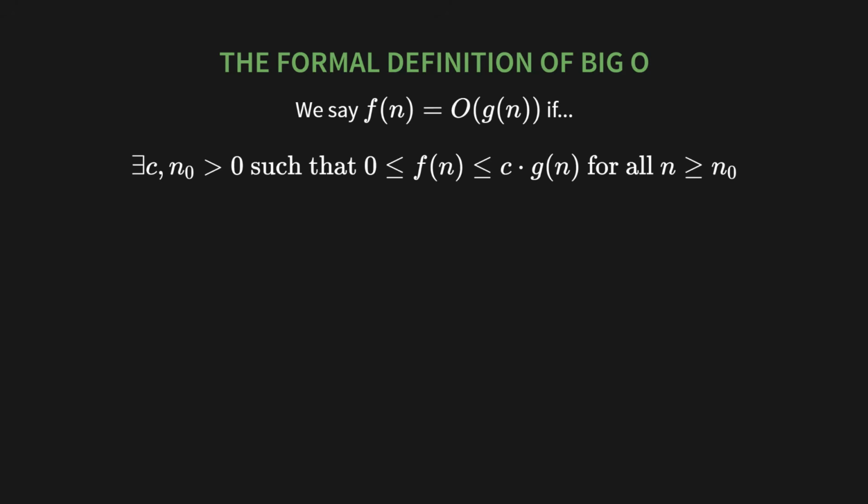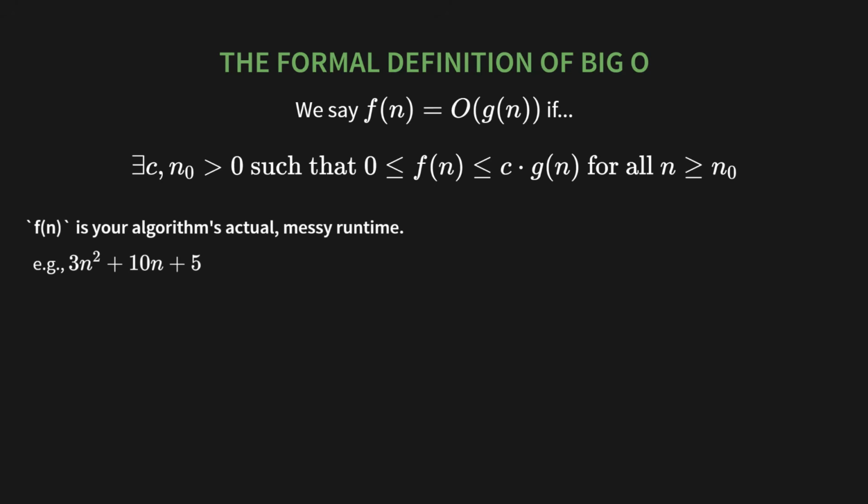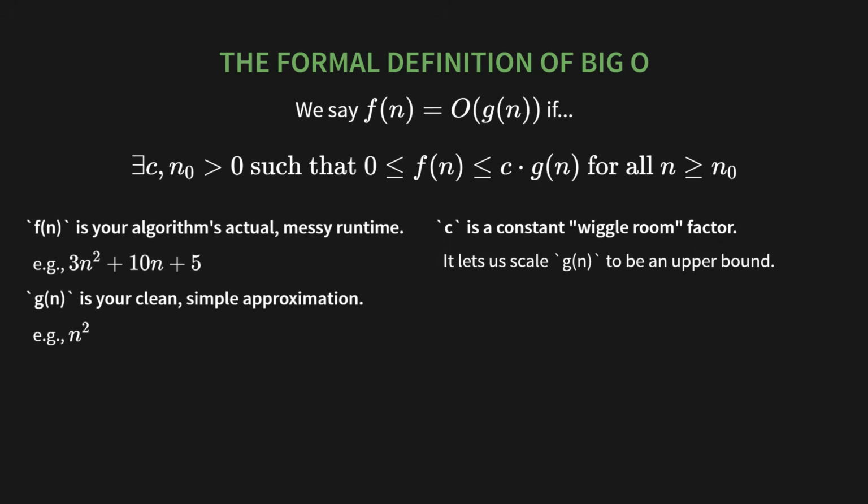Let's break it down. F of n is your algorithm's actual messy runtime, like 3n squared plus 10n plus 5. G of n is your clean, simple approximation. That's the n squared part. C is a constant wiggle room factor. It lets us scale g of n to be an upper bound.